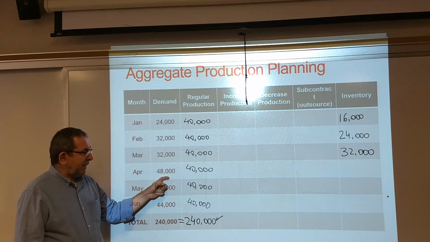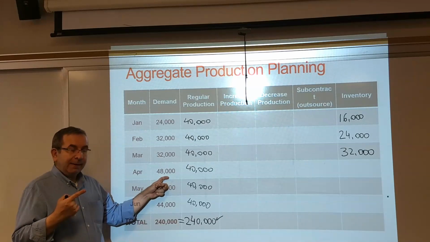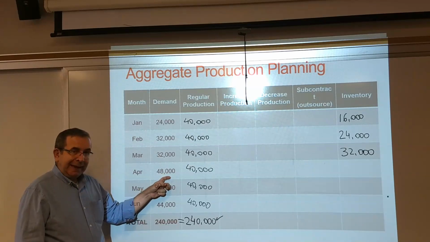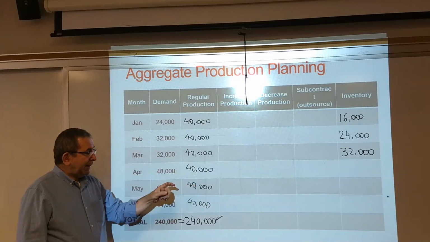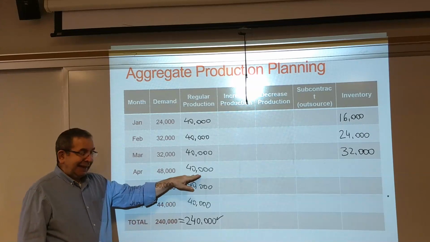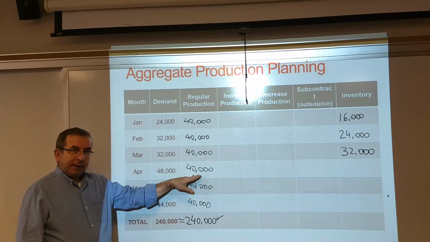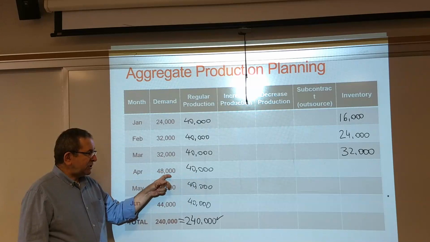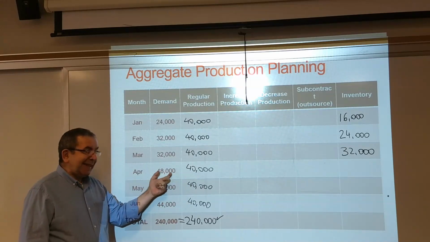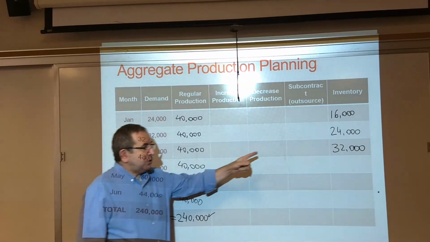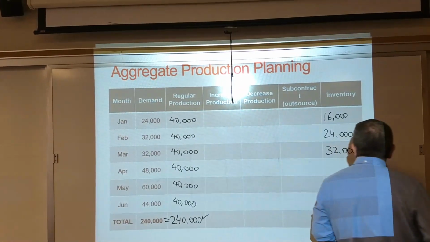But then look at the demand. Demand spikes, so customers demand more than 40,000. That's good because you can sell everything you make, and customers will still want 8,000 more. You get that 8,000 from your items in the warehouse.